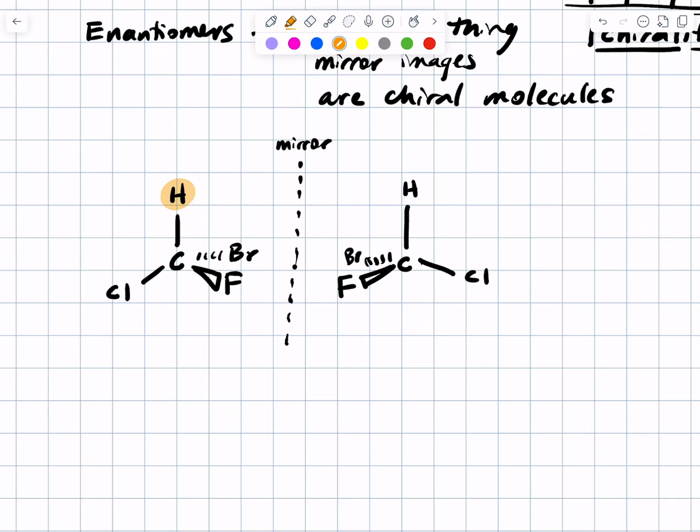It may help you in the early stages to highlight in different colors the various portions of this molecule. All right? Those are mirror images of each other. Now, we need to convince ourselves that they are, in fact, not the same thing.